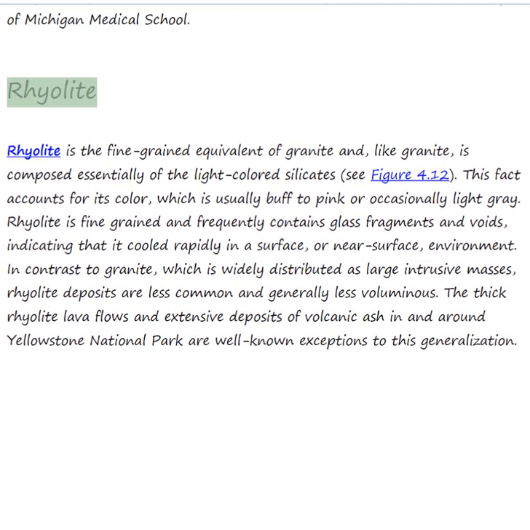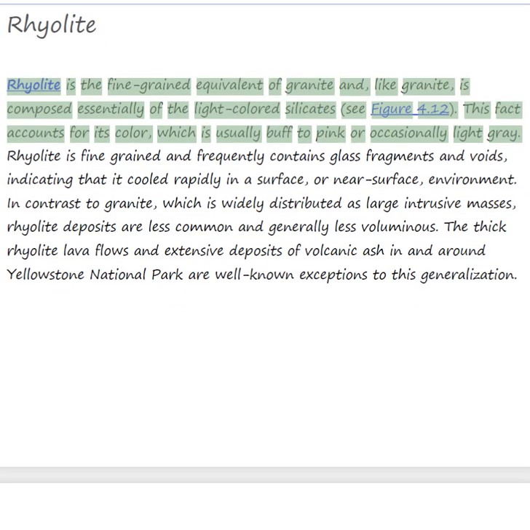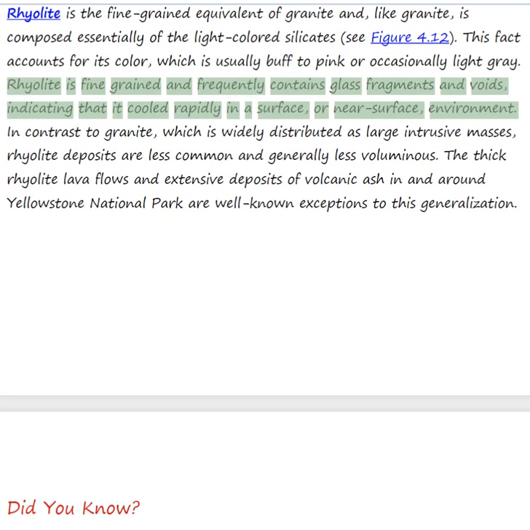Rhyolite. Rhyolite is the fine-grained equivalent of granite and, like granite, is composed essentially of the light-colored silicates. This fact accounts for its color, which is usually buff to pink or occasionally light gray. Rhyolite is fine-grained and frequently contains glass fragments and voids, indicating that it cooled rapidly in a surface or near-surface environment.